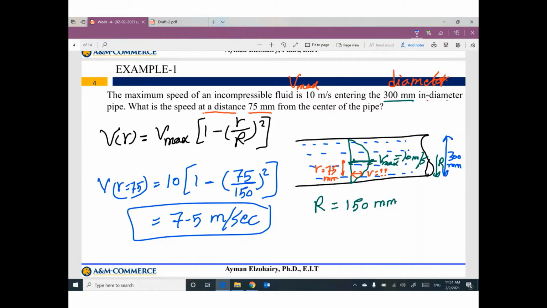So if you have a water pipe at home and you have a flow of water, please imagine that the water is flowing in this pipe with a distribution of velocity that looks like this parabola. The maximum velocity is at the center line, and when you go toward the edge of this pipe, the velocity is decreasing.